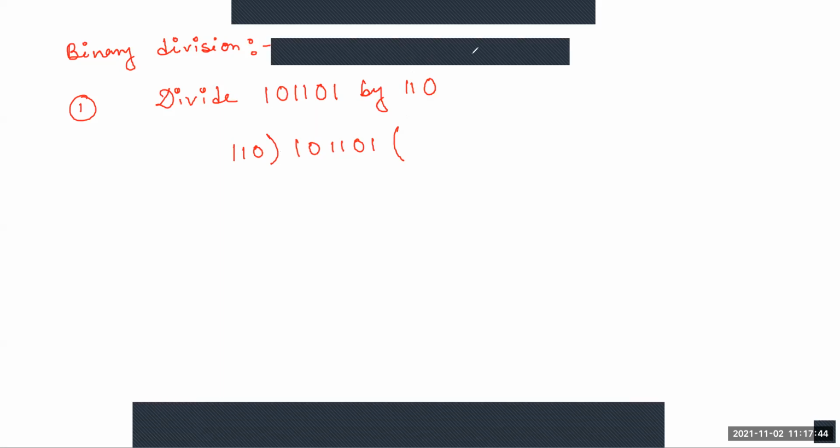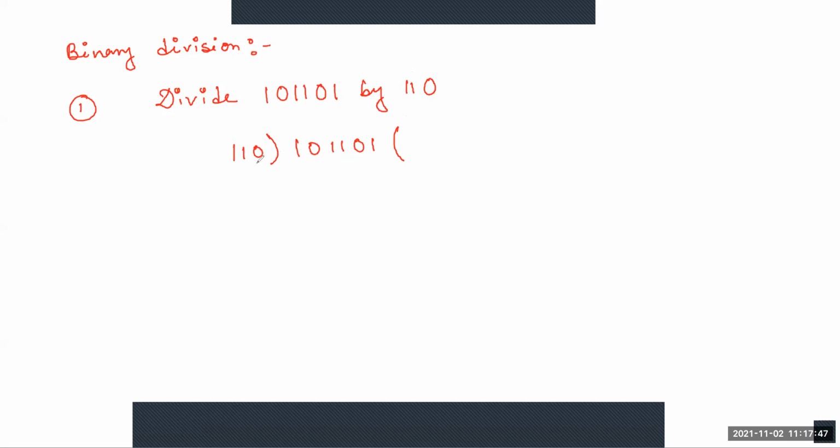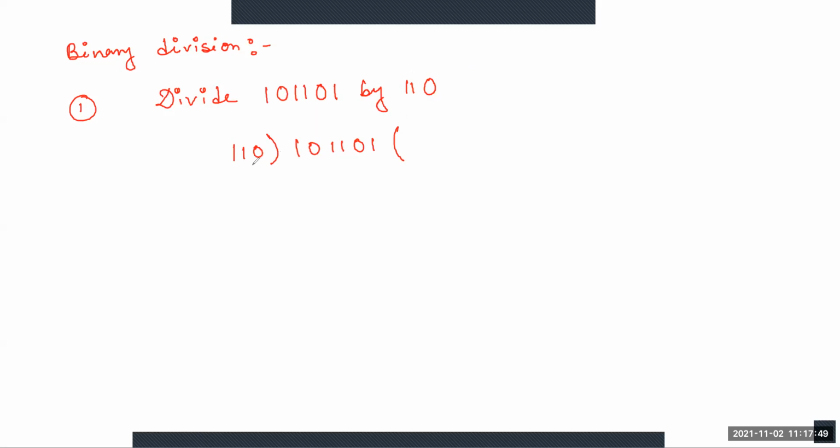Here you can see this is 110. 110 means in decimal 6. So this is 3 bits. If we consider the first 3 bits, that is 101, which is 5. Can 6 be divided into 5?